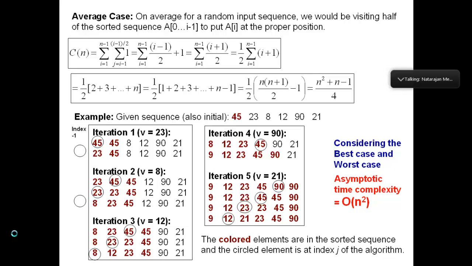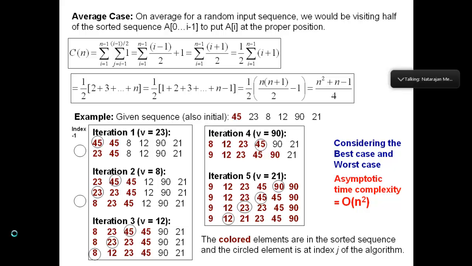Most of the time it's difficult to analyze the average case complexity theoretically. That's why we resort to the programming approach, as we'll do in the programming projects. You will run several iterations, measure the runtime, and then average the result that you find. But for insertion sort, it's relatively easy to analyze the average case complexity. So let us see how to do it.